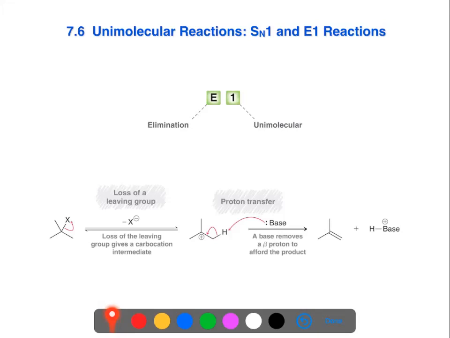Nonetheless, in the E1 reaction, either water or an alcohol will act as a base, deprotonating one of the hydrogens from a beta carbon on your carbocation intermediate and forming a new pi bond between the alpha and beta carbon. And so the net result is the formation of an alkene, and as side products, if you will, but as a part of the mixture, you'll have a protonated base, and we lost the leaving group in that first step.